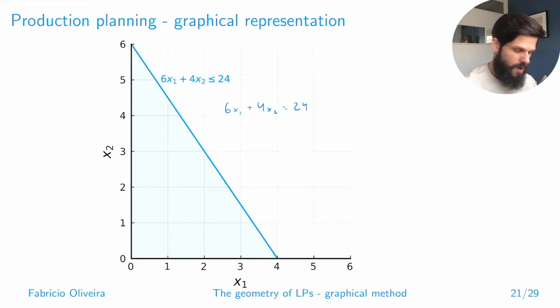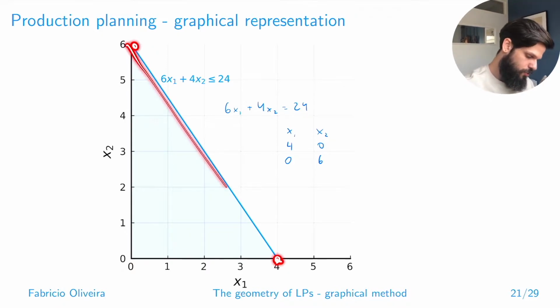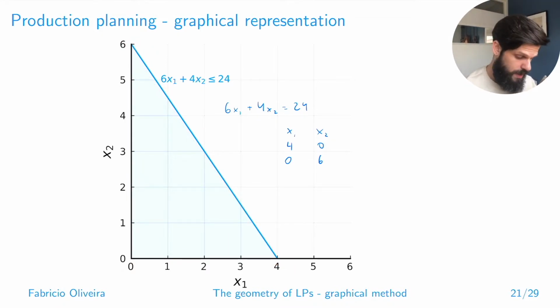I don't know if you remember, but the way to plot this is simply to get 2 points, so you can assemble a table like so. If x1 is 4, then you replace 4 here, and x2 is 0. And if x1 is 0, then x2 is 6, because it's 24 divided by 4. With these 2 points, (4, 0) and (0, 6), you can then draw a straight line, and that would be the boundary.